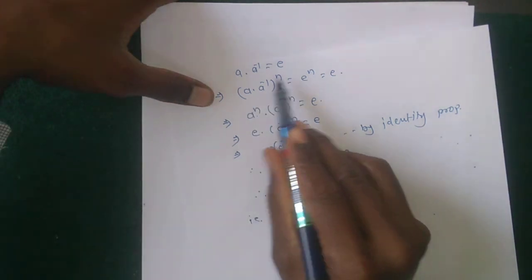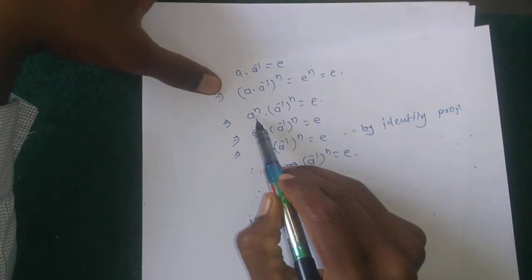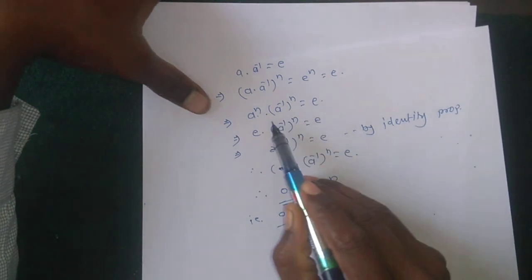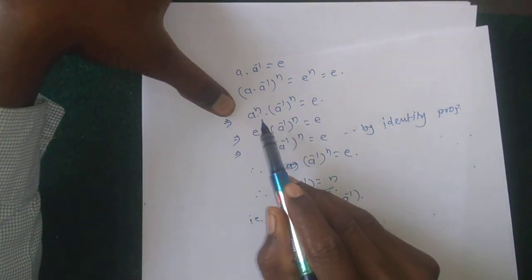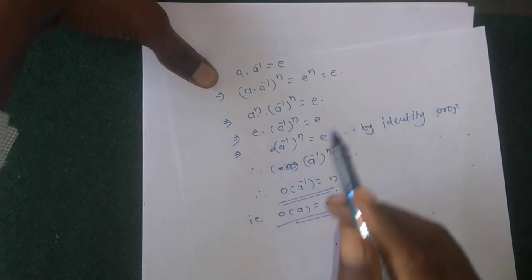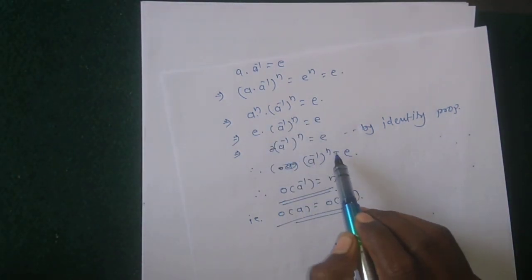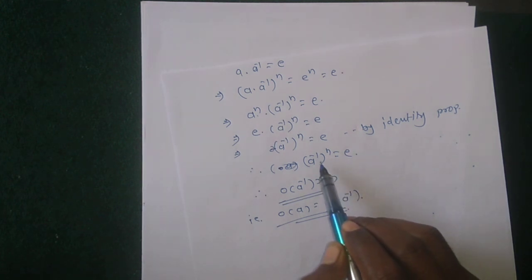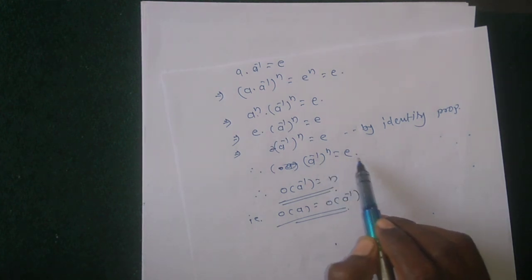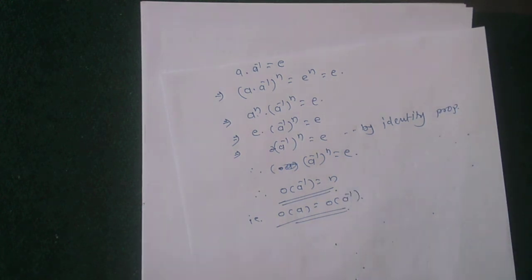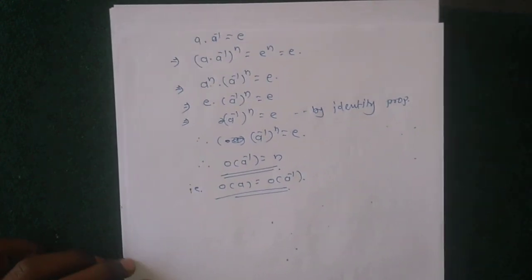Therefore, powering separately, A raised to n into A inverse raised to n equals identity, but A raised to n equals identity because the order of A is n. We get the order of A inverse equals n, means A inverse raised to n equals identity, and therefore the order of A equals the order of A inverse.